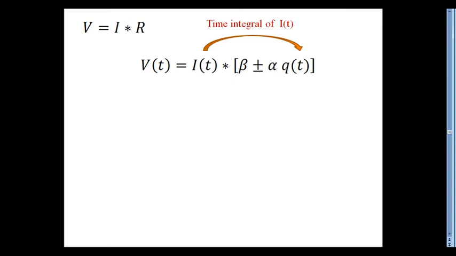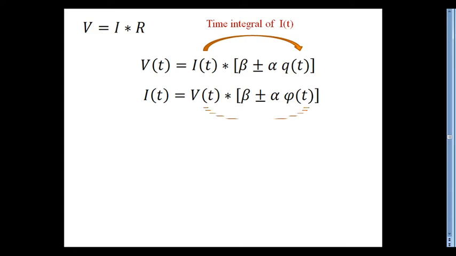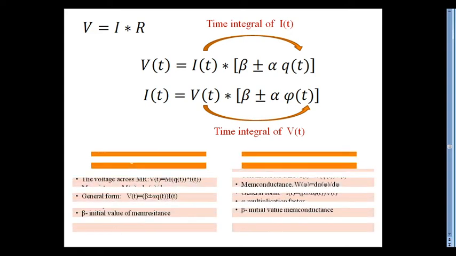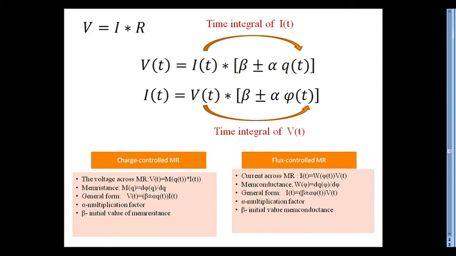If we write in terms of Vt, you can write It into beta plus minus alpha phi t. Here this beta is your memconductance, inverse of resistance, and for the term phi t, we are just taking the time integral of Vt. So these are the two very famous equations for the memristor. The first one is current control, another one is voltage control. Or you can say this should be charge control because it is Qt and phi t.